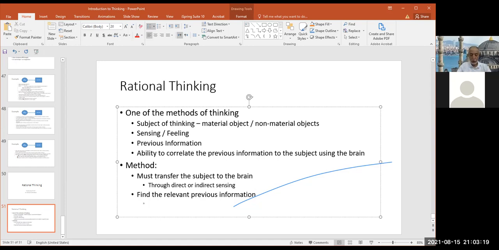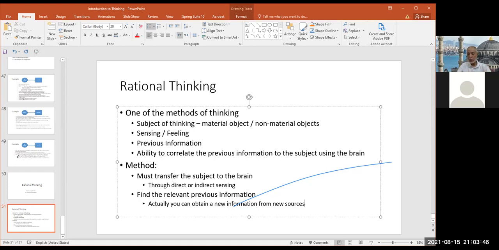Actually, you can obtain new information from new sources, but once this new information is obtained and you have it in your brain, it becomes previous immediately.